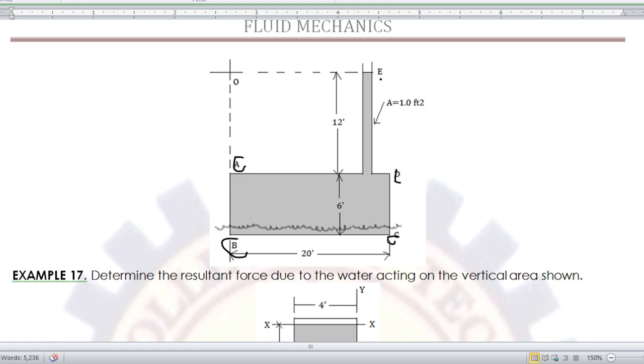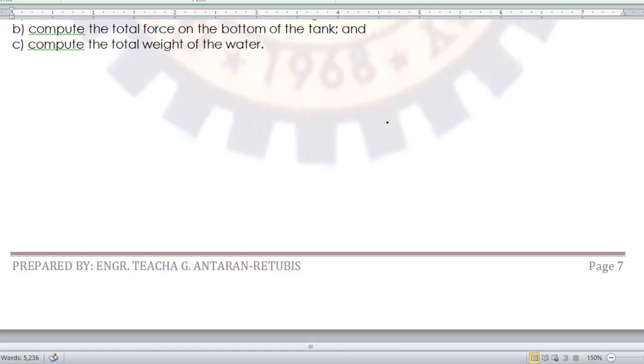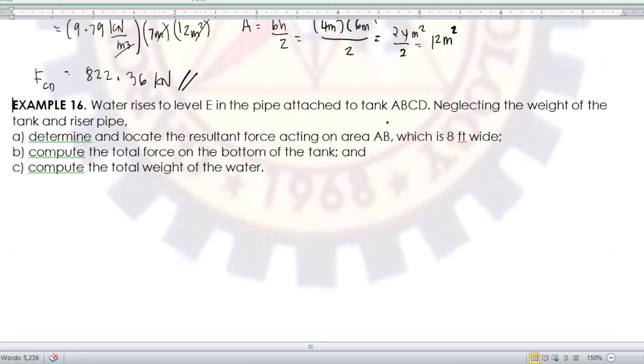So the question is, for letter A, determine and locate the resultant force acting on the area AB, which is 8 feet wide. Okay, 8 feet wide. So what will be the force here? Take note. Force, the magnitude, and the location.